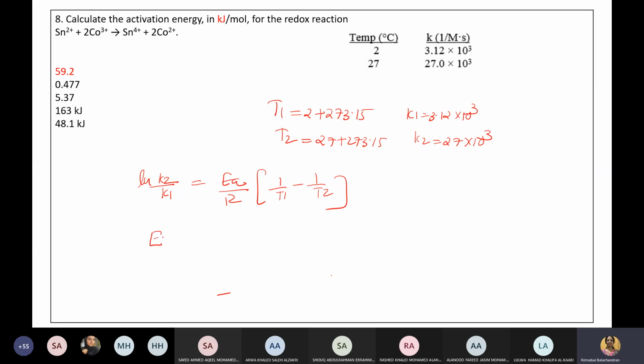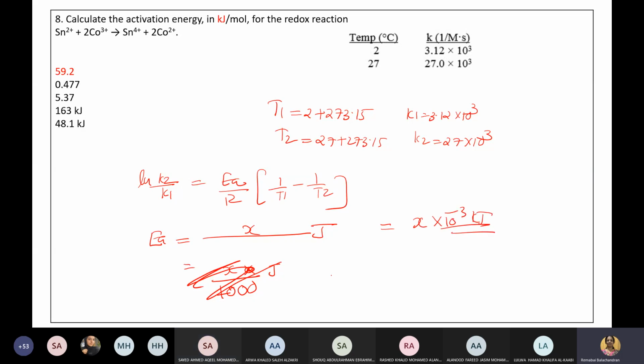So you get the value of Ea in joules. So how do you convert it? Say you get X joules. How do you convert joule to kilojoule? Divide by 1000 or multiply by 10 to the power -3. So be careful when you solve the questions, so you will not lose marks.